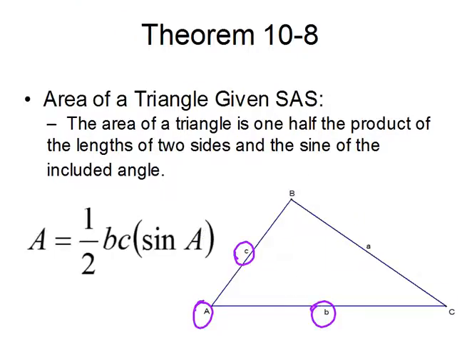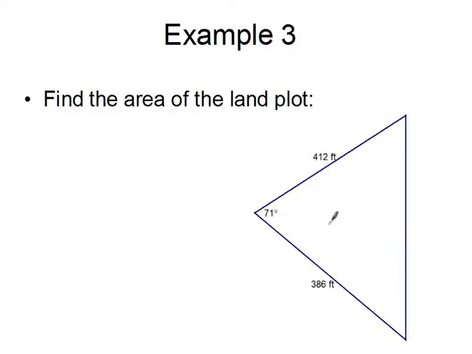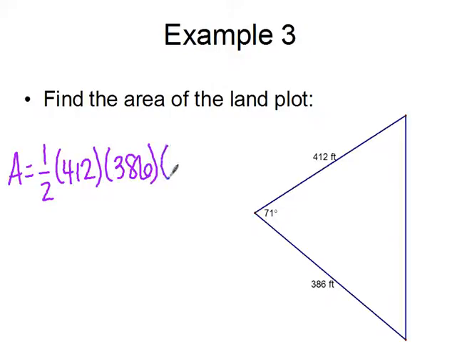Okay, so let's go try this. So triangular land plot, they gave us a side and an angle and a side. So we do 1/2 times one side times the other side times the sine of the angle. And you should be able to type this all in at once and hit go.